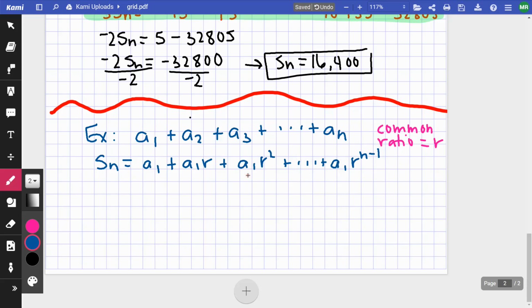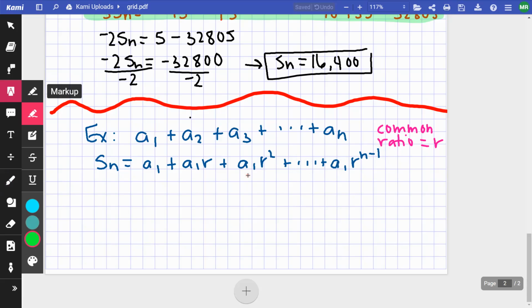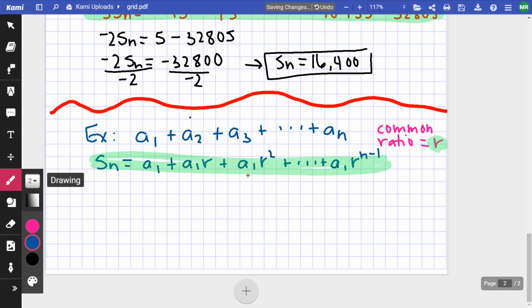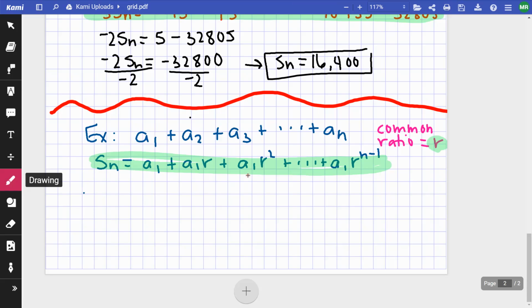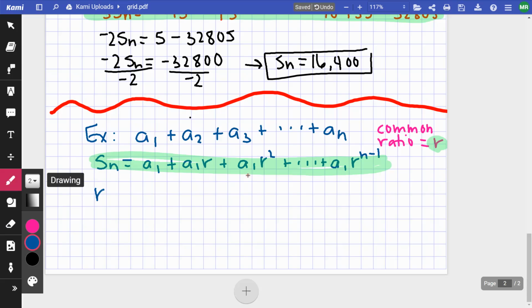And then I am going to times everything in this equation by my common ratio, which is r. So when I do that, I am going to get, not negative yet, r times S sub n is equal to r times a sub 1.